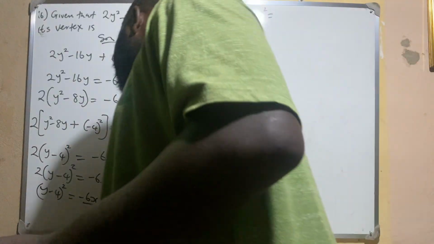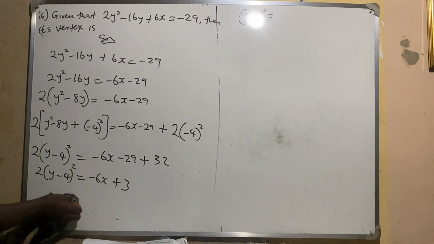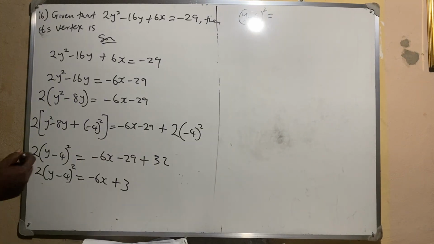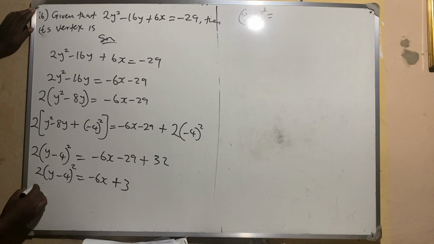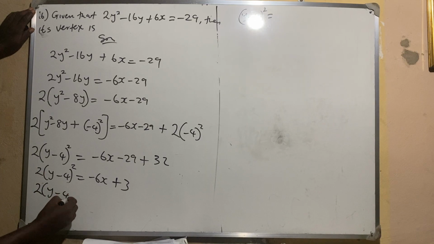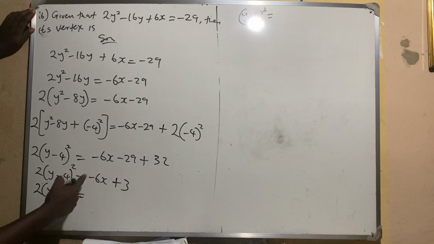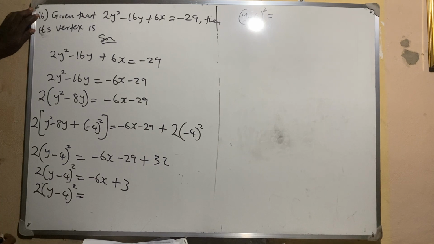Okay, let me first of all factorize before dividing. I have 2 in bracket of y minus 4 all squared is equal to, what is common here is 3 is common.